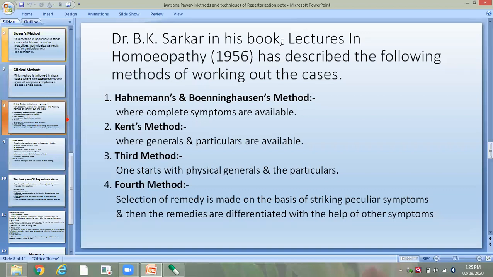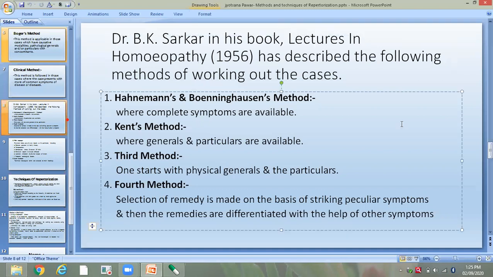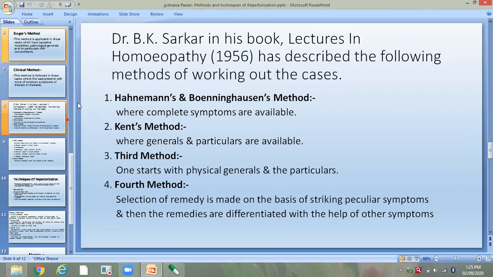We cannot find mental general symptoms in that case, nor any common symptoms of the pathological condition. Then in such a case we start with the physical general symptoms and physical particular symptoms. So this is the third method of repertorization.